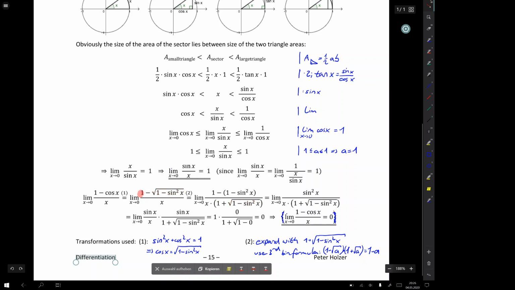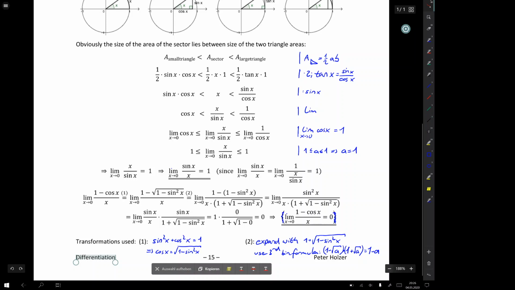So we get a squared, which is 1, minus b squared, which is this here without the square root, so 1 minus brackets 1 minus sine squared of x. So this just simplifies to sine squared of x. Then from here to here we just write it as a product of two fractions, splitting the sine squared of x into sine of x times sine of x.